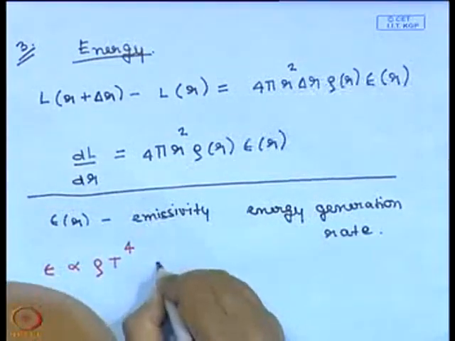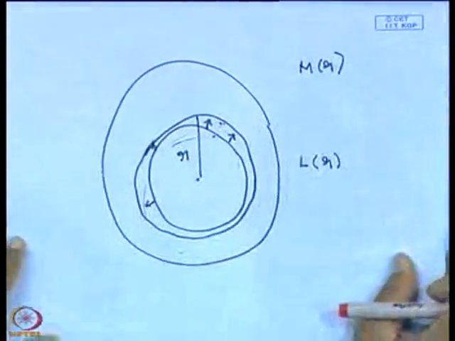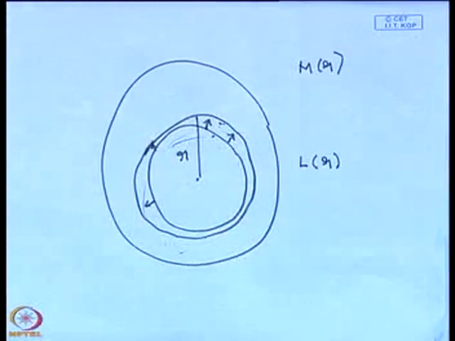So, the energy generation mechanism in any star is through nuclear burning. That is the only source of energy generation.